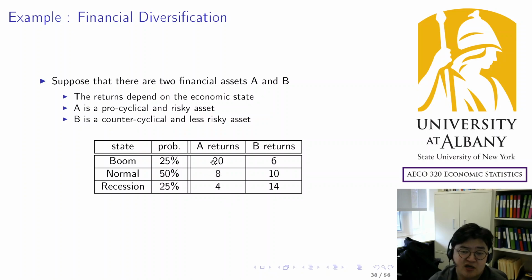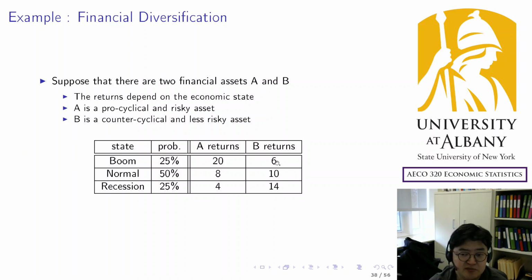You may think like this, like 20%, 8%, 4%, right? Or you may think of it as $20 when you buy one stock of A, for example. So anyhow, this is natural. A does very well in boom, and it does not do well in recession, which is natural. But there is a very strange financial asset, B, which does better in the recession, right?